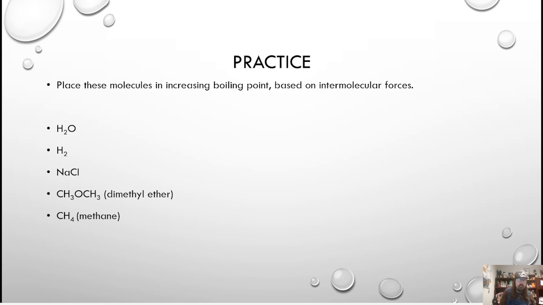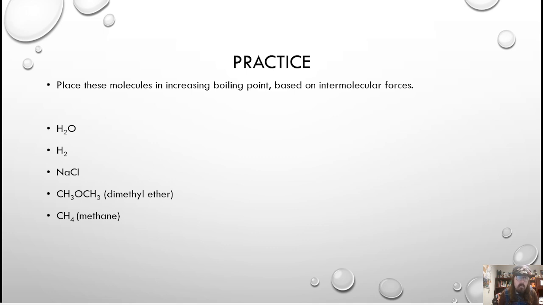Dimethyl ether includes an oxygen, so it is polar. However, it does not have an OH bond. Because it does not have an OH bond, it can only be dipole-dipole. So while it can be in liquid near room temperature, it has a very low boiling point. But you could easily turn that into a liquid.